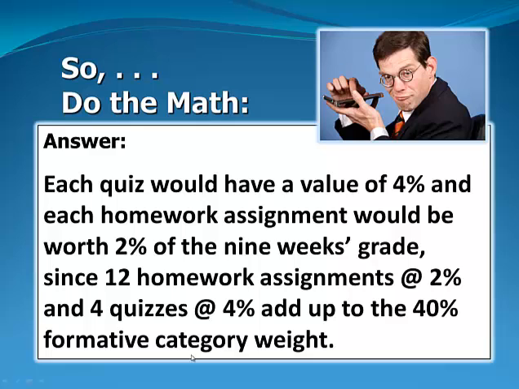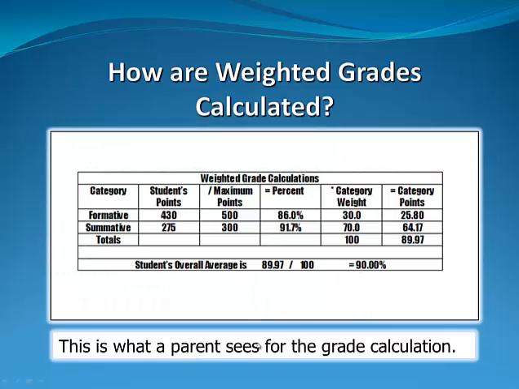How are weighted grades calculated for parents to view? In Home Access Center, this is what a parent sees. They will see the student's total points in each category, formative and summative, the maximum point values available, that percent for each of the categories times the category weight, and they see the category points.